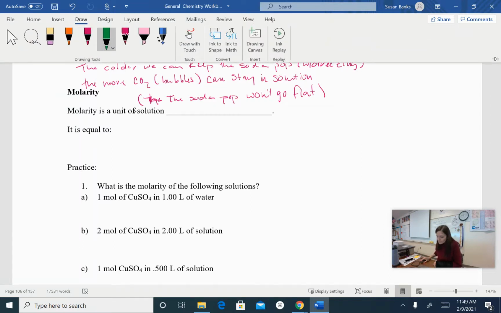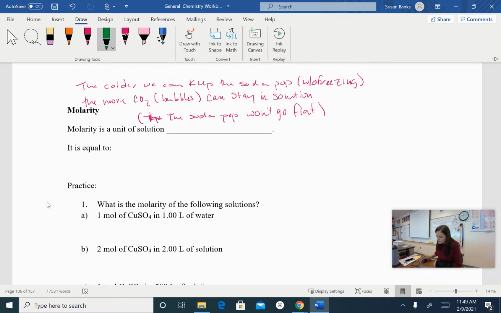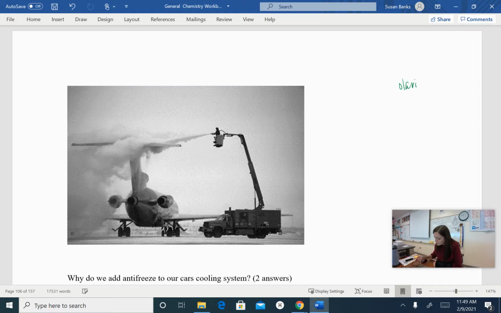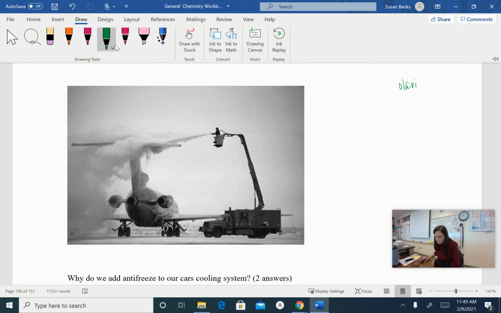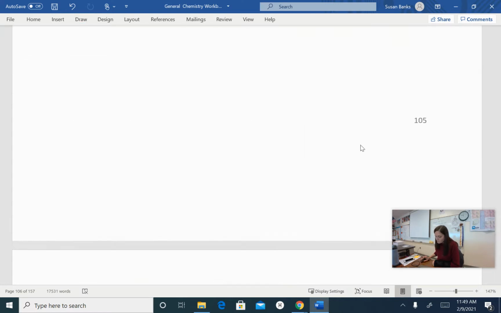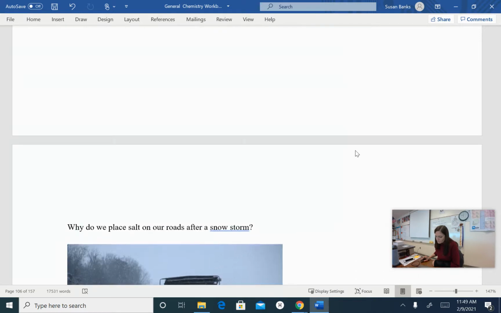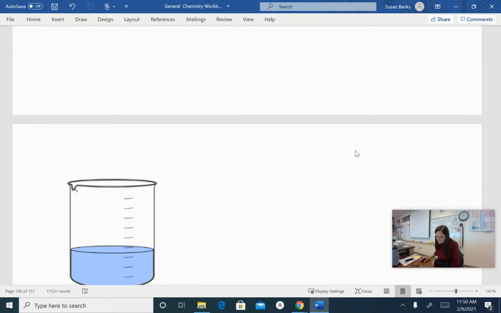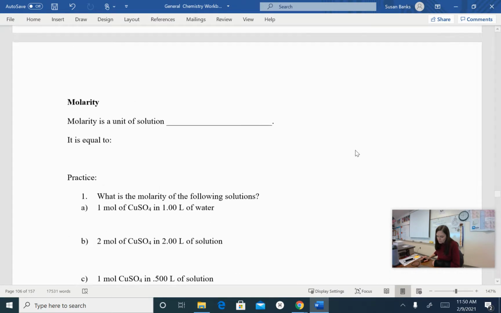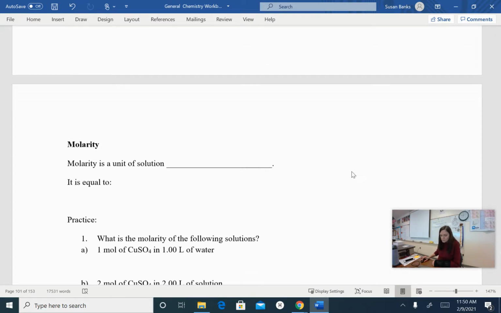Molarity is given to us by a big capital M. Yep, and it just jumped again, just like I thought. Okay, molarity. Let's get this down. Molarity, big capital M.